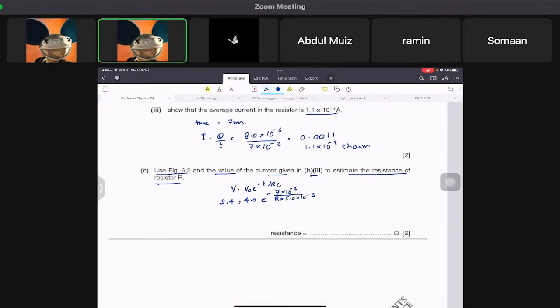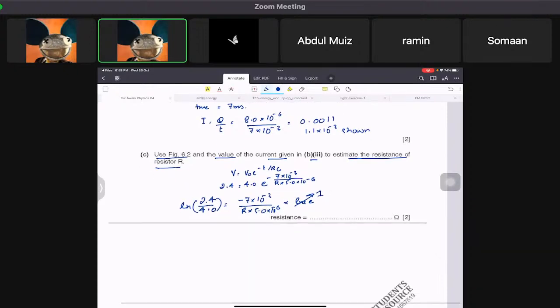Okay, now you take 2.4 over 4.0, take ln of this, equals minus 7 times 10 raised to minus 3 divided by R times 5.0 times 10 raised to minus 6, multiplied by ln e. This is 1.